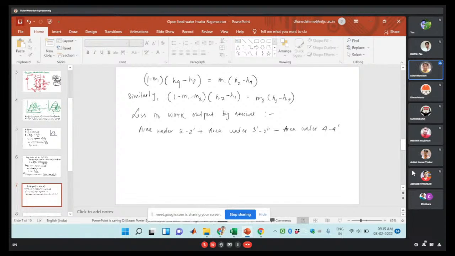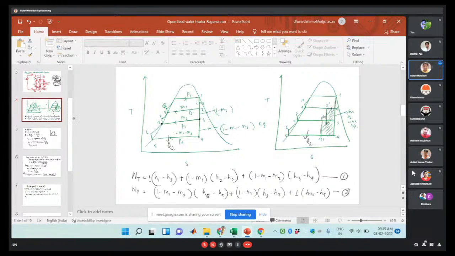So for that one, let me write down that turbine work output. So that is your formula is this much. It is your 1 H1 minus H2, 1 minus M1, H2 minus H3 plus 1 minus M1 minus M2, H3 minus H4. So let me write it down again.